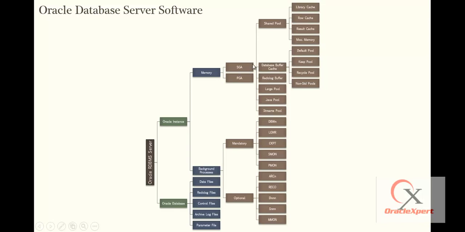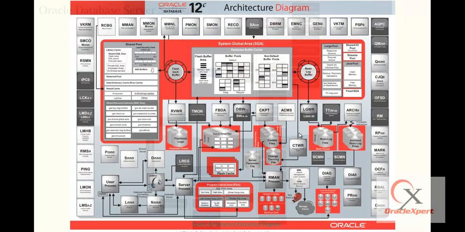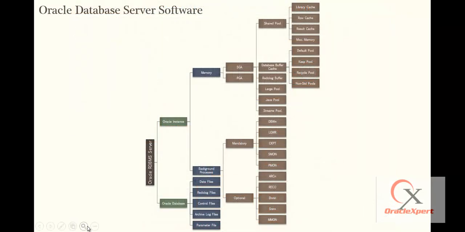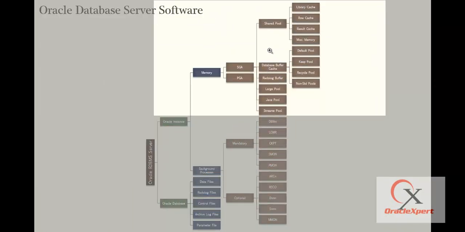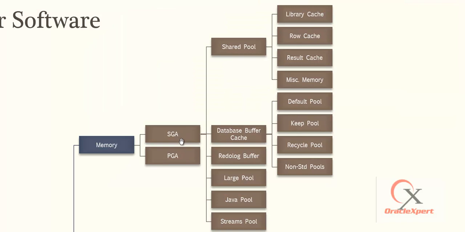The memory itself is given for SGA and for PGA, whereas the background processes could be classified as mandatory and optional. Within SGA, you have multiple other memory allocations such as the database buffer cache, the redo log buffer, the large pool, the Java pool, the streams pool.